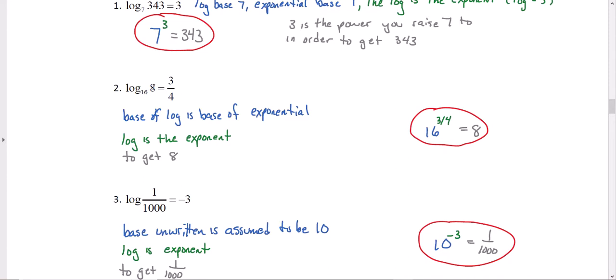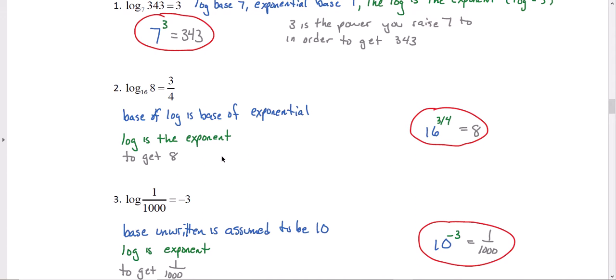Log base 16 of 8 equals 3/4. The base is 16, so the base of our exponential is 16. 3/4 is equal to the logarithm, so 3/4 is our exponent. And we raise 16 to the 3/4 power in order to get 8, the 8 that remains.